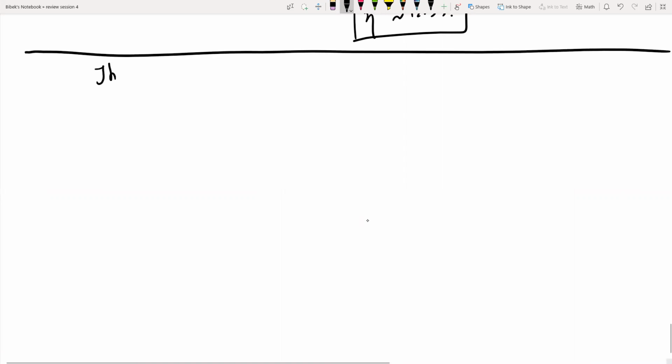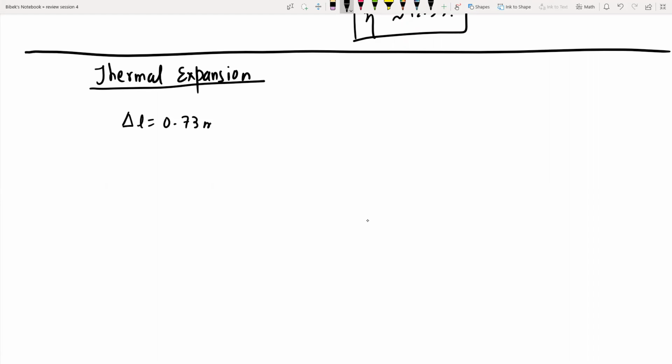So now we'll be getting the thermal expansion. For the first problem, we are given delta L as 0.73 millimeters. So if you had an initial length, your final length was 1.5 millimeter.